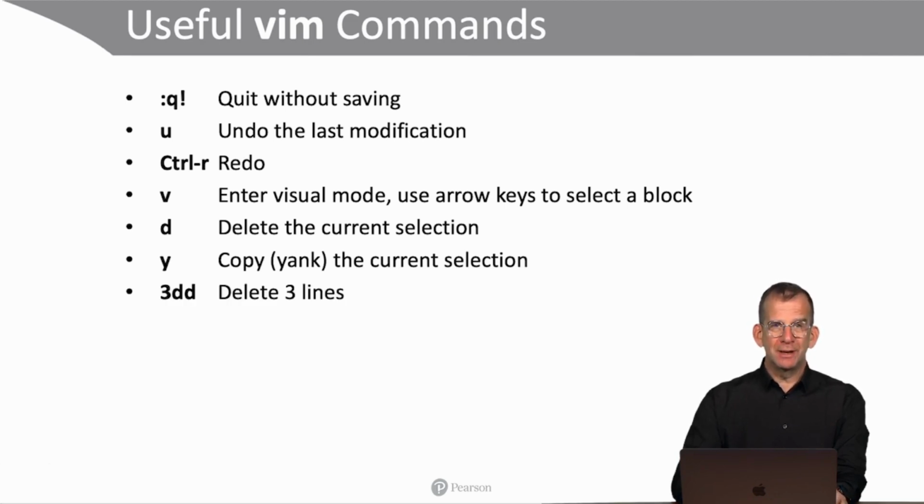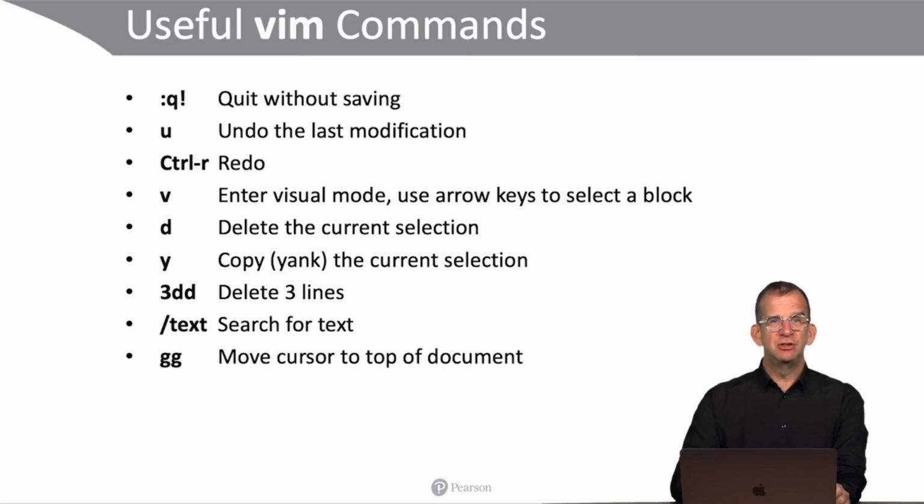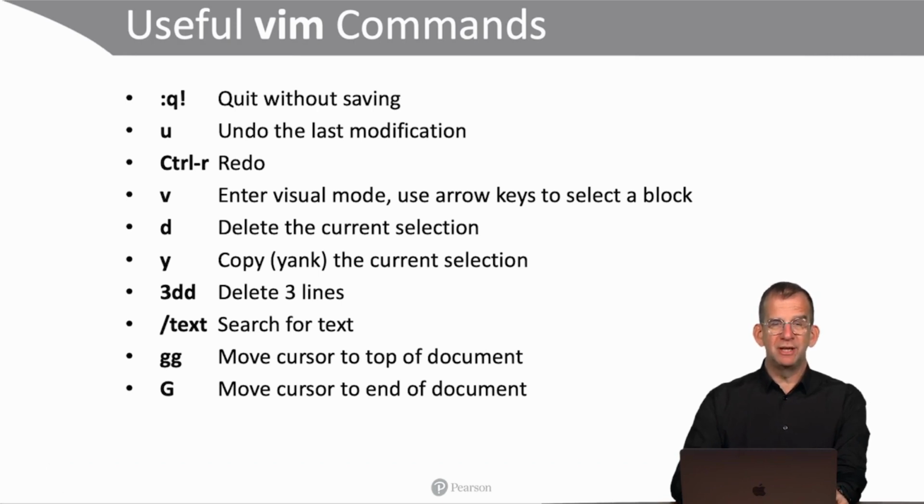You can also use commands like 3dd, which is deleting 3 lines starting from the current cursor position. /text will search for text, and gg will move the cursor all the way to the top of the document. And the opposite is uppercase G, which will move the cursor to the end of the document.